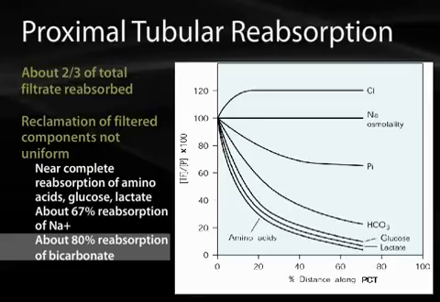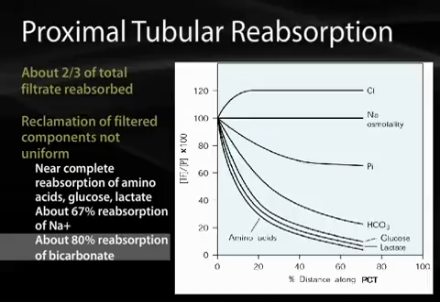Chloride reabsorption is low in the proximal tubule. This is because sodium reabsorption must be coupled with an anion, but the predominant anion in the proximal tubular reabsorption is bicarbonate. Therefore, the chloride concentration actually increases. While no chloride has been added, more water has been reabsorbed, so the total concentration of chloride has increased.